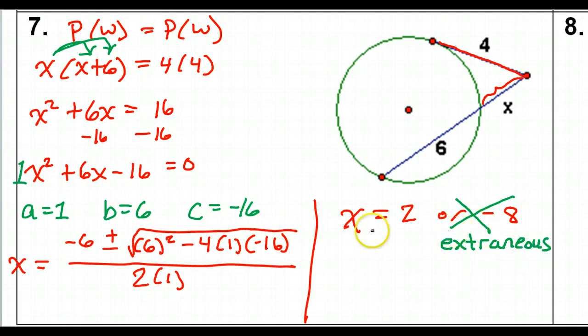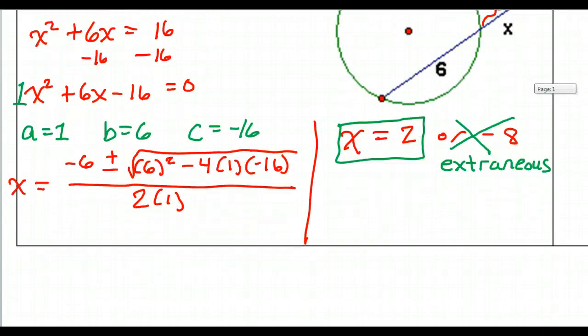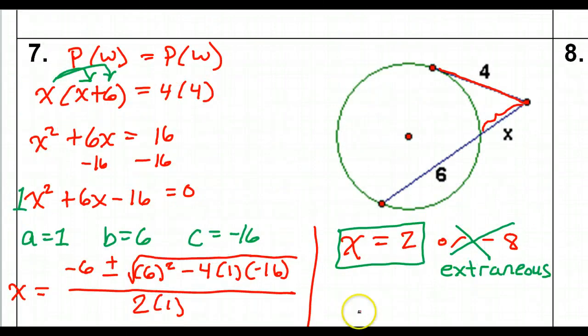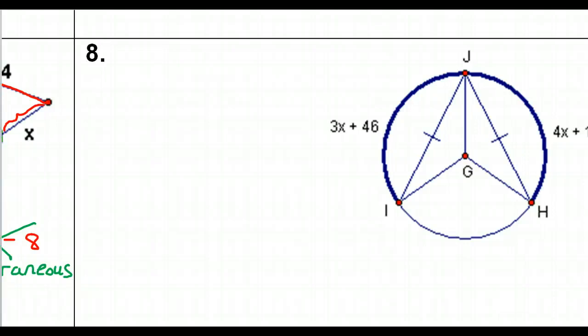We cannot use it. It is not one of the solutions to the problem in this context. So x equals 2 is the only possible value of x, since you can't have a negative value of x. So just throw that out, do not include it. Alright, so that's number 7. Let's slide on to number 8.